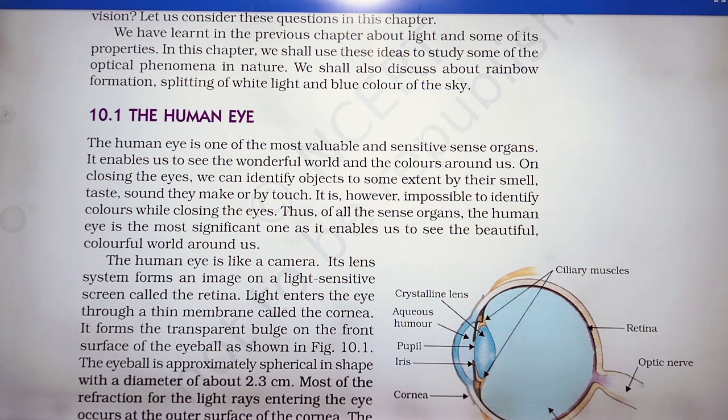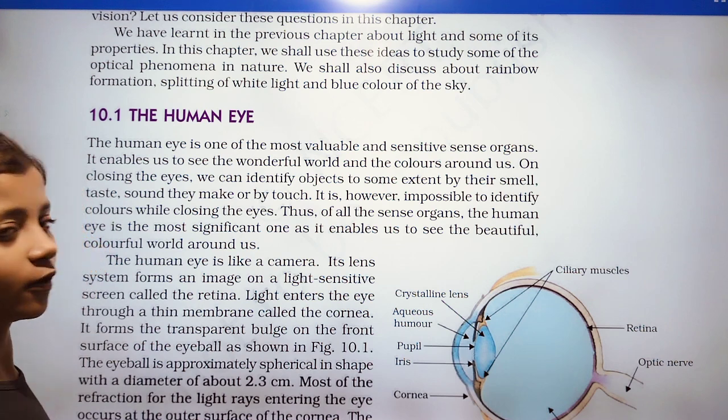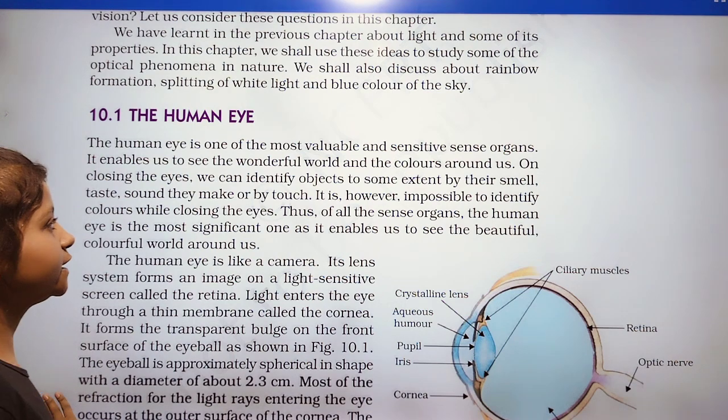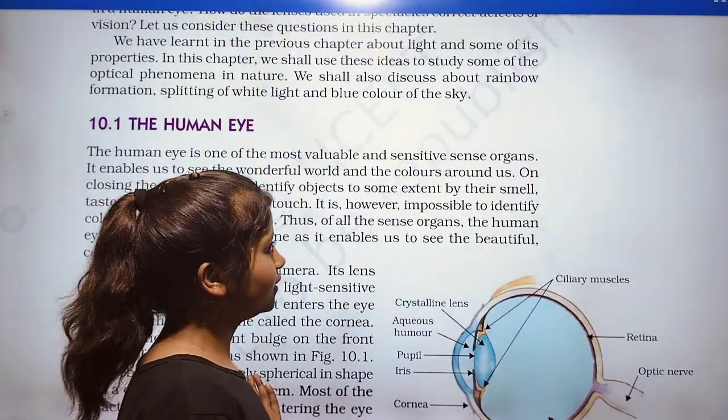Here it is given that the human eye is one of the most valuable and sensitive sense organs. As we all know, the eye is one of the sense organs, the most sensitive and most valuable sense organ in our body. It enables us to see a wonderful world and the colors around us.